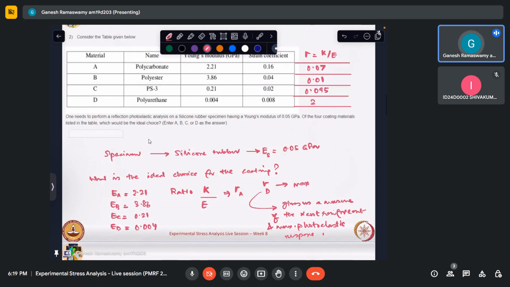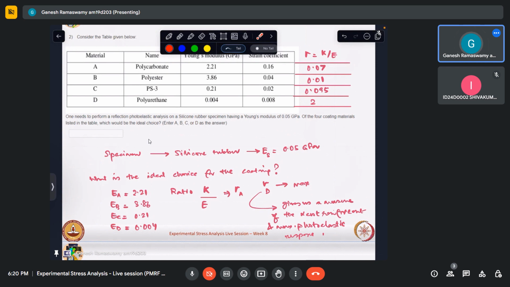Hence, its stiffness should be very less as compared to our specimen material. At the same time, it should also have a good photoelastic response for us to have at least discernible fringes for our analysis. So, accounting for both those characteristics, polyurethane suits this purpose the best.